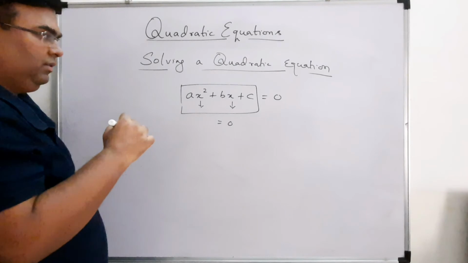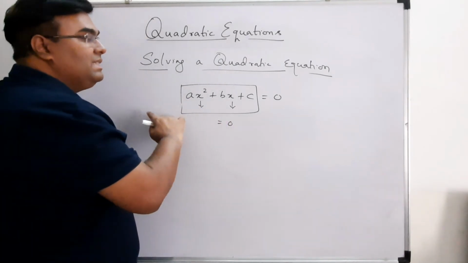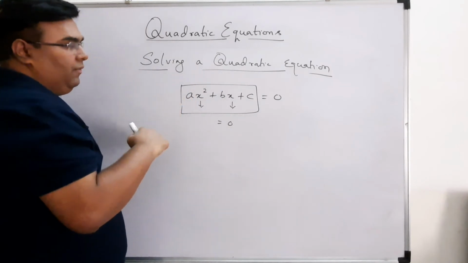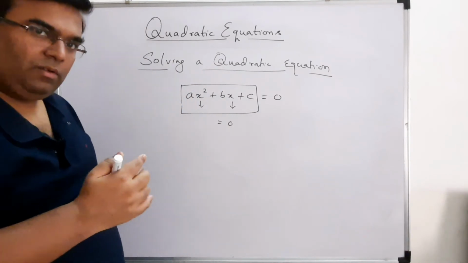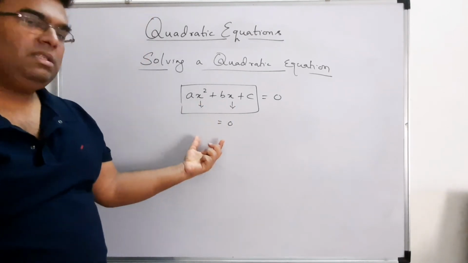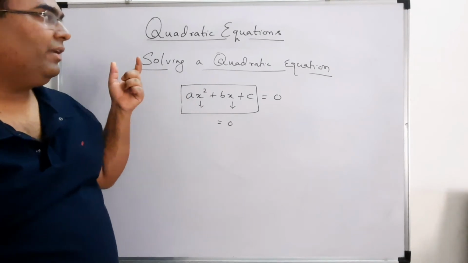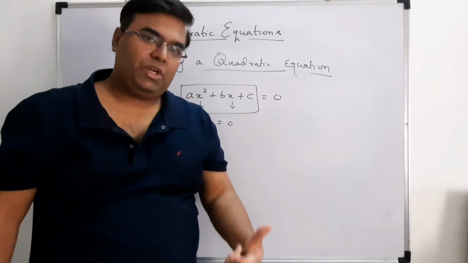Correct? So it means finding that value of x which satisfies this equation. So if you find the value of x and put it back in the equation, your LHS will also get 0, and this is called solving a quadratic equation, right?